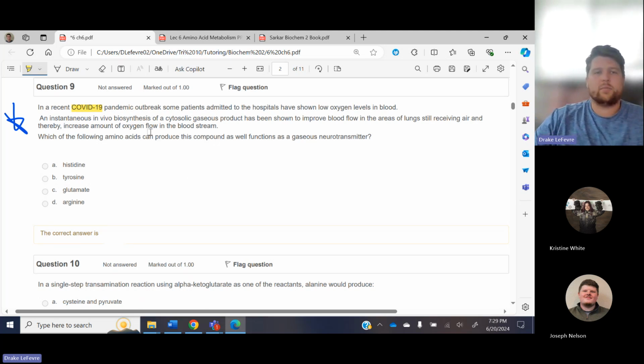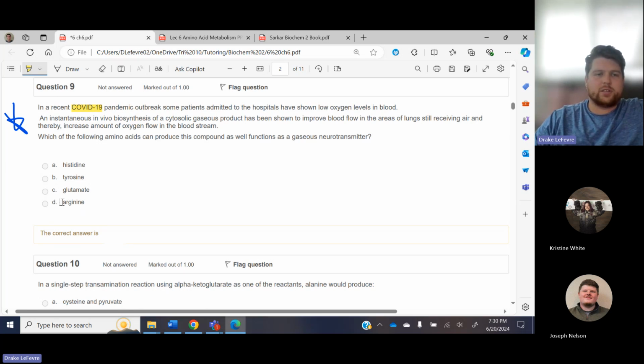Okay, so in the recent COVID-19 pandemic outbreak, some patients admitted to the hospitals have low oxygen levels in blood, where they have shown an instantaneous in vivo biosynthesis of a cytosolic gaseous product that has been shown to improve blood flow in the areas of lungs still receiving air, and thereby increase the amount of oxygen flow in the bloodstream. That's a lot of words. What does that actually mean? Which of the following amino acids can produce this compound, as well as function as a gaseous neurotransmitter?